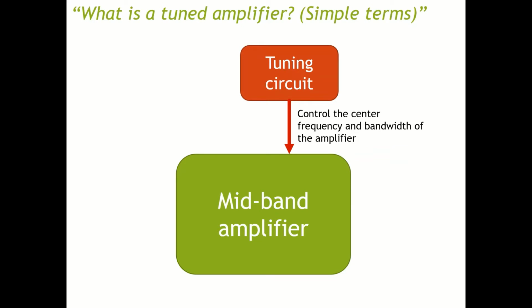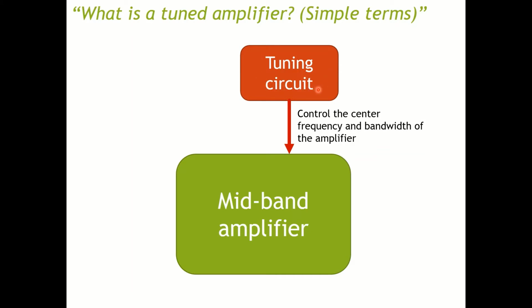So what is a tuned amplifier? In simple language, we can define a tuned amplifier as a mid-band amplifier. So you know, a mid-band amplifier basically amplifies with a gain at a certain frequency range, and also this mid-band amplifier is coupled with a tuning circuit.